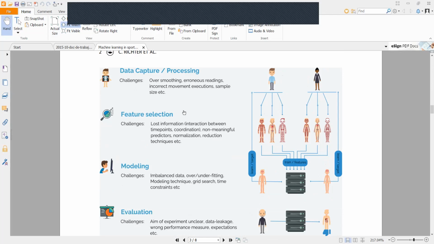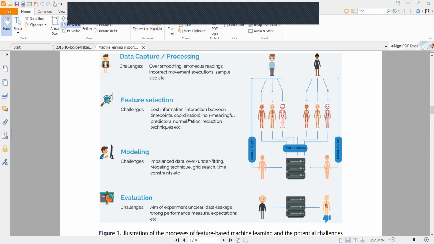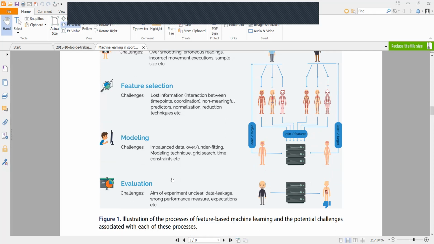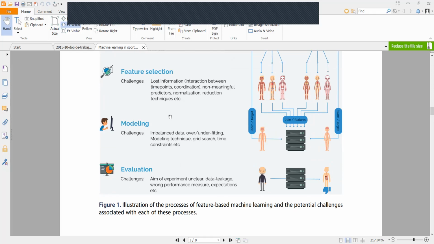While it's not necessary for sports scientists to comprehend the mathematical and statistical principles that support machine learning, it's important that they understand certain key concepts such as data capture processing, feature selection, modeling, and evaluation before using it as a component of the research toolkit, as shown here in Figure 1.